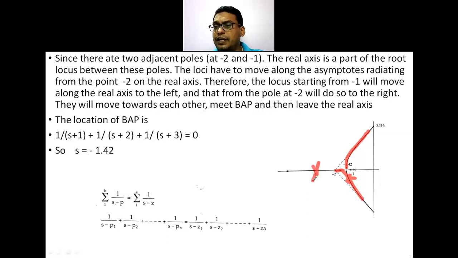For the pole at -3, it already moves towards -infinity, as it is the real axis part.